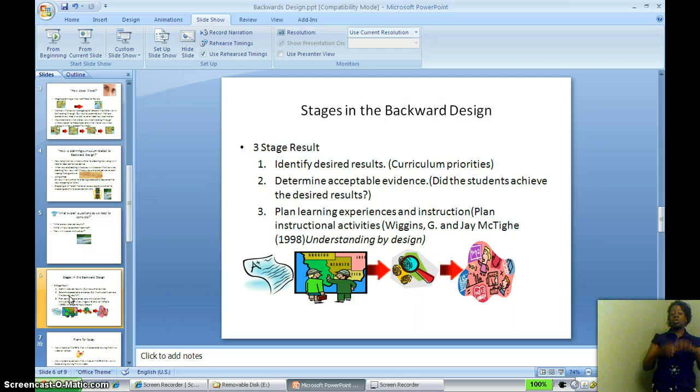So we want to make sure that we plan those objectives, plan those activities that will make sure that we're covering those objectives. We want to make sure, remember, that the students get the big picture. And if we have to have those instructional strategies in place within our classroom so that the students will understand the concepts that we're going to be teaching.